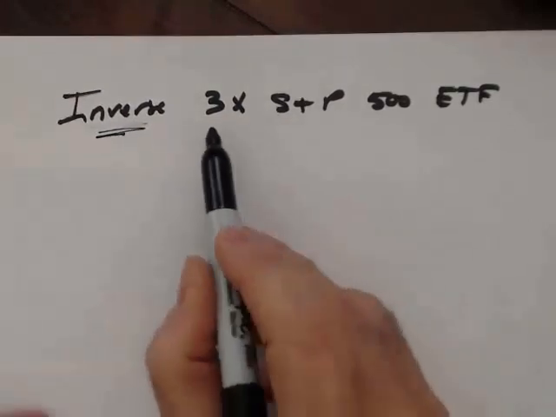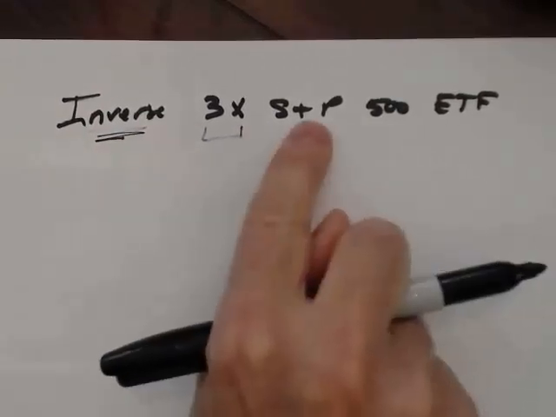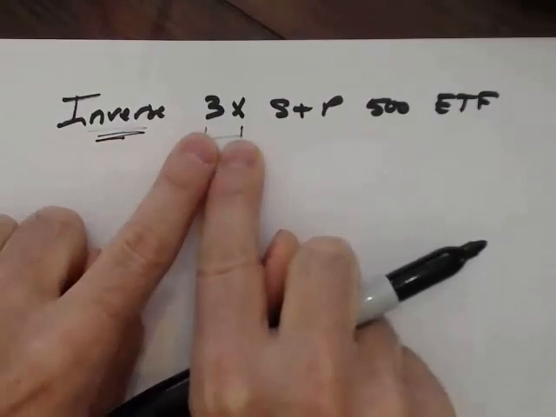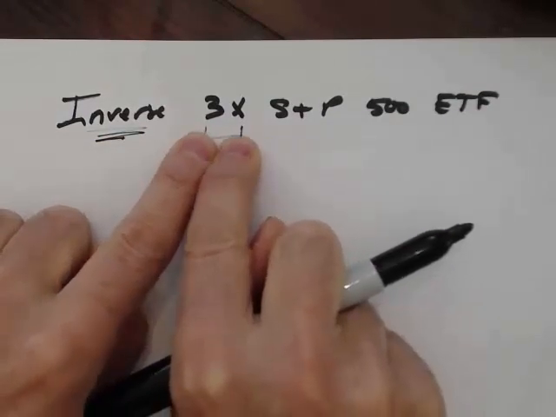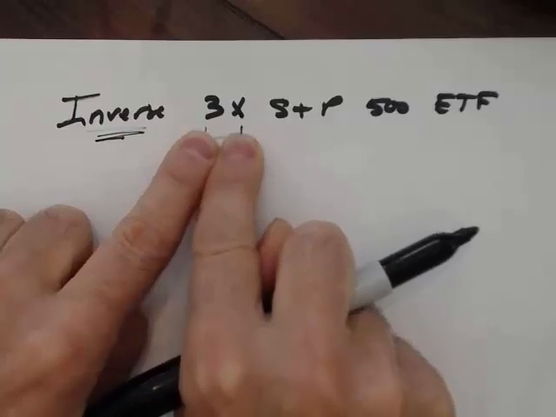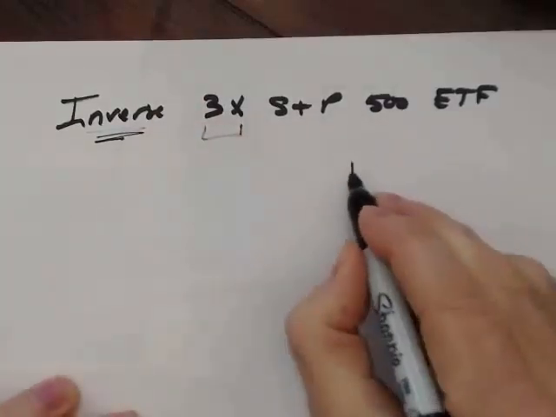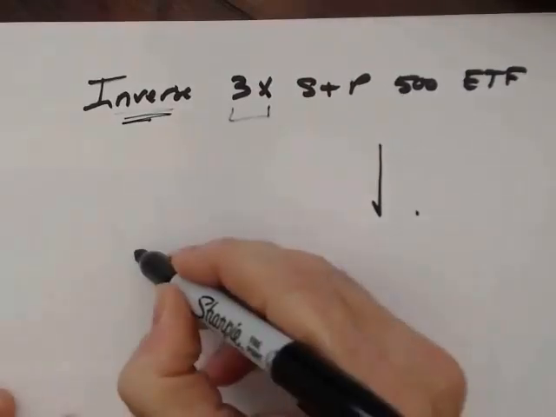Now, the 3x means, this is another twist on it. Okay, so we want a negative position, a short position in the S&P, which is what it's saying so far. But we also want things to have a beta of 3 times. So we want to spike it even more. We want when the S&P goes down, let me draw it to scale here as best I can.